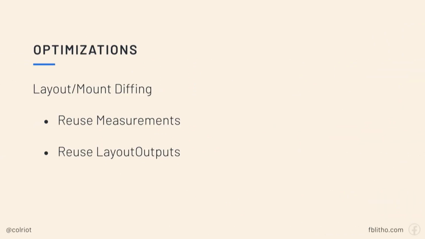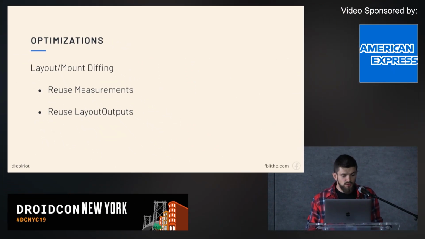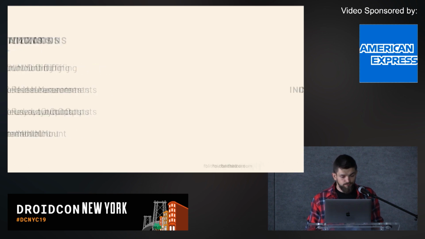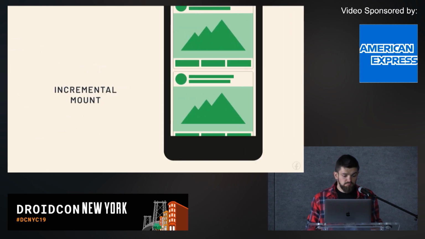Another kind of optimization that is very useful, I would say, is incremental mount. Let's see an example. Here is a list of items, something that looks very similar to the Facebook feed, for example.